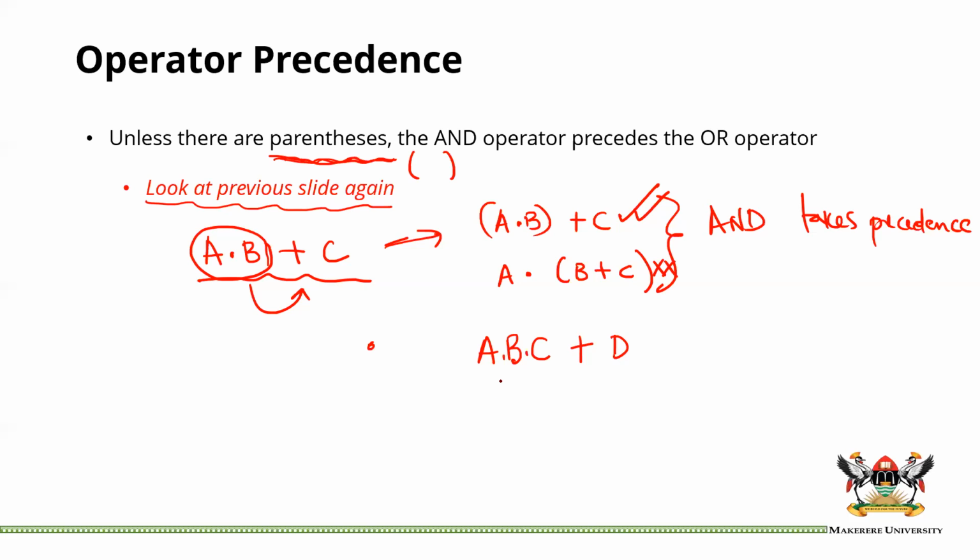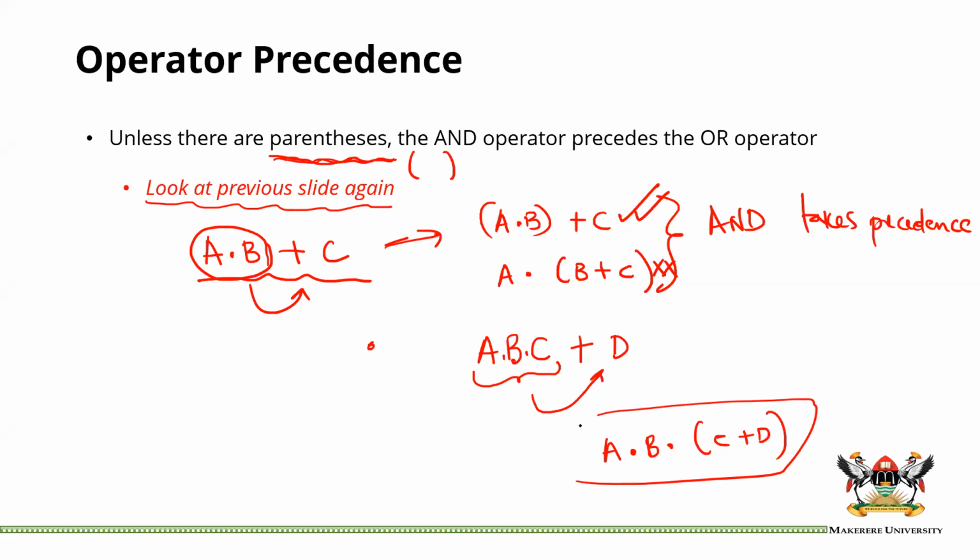Clearly, if AND is taking precedence, you're going to first deal with the A and B term, then the C and D term, and whatever terms come out, you OR them together. Otherwise, somebody could do something like A and (B or C) and D, and the outputs would be totally different, but this would clearly be wrong.